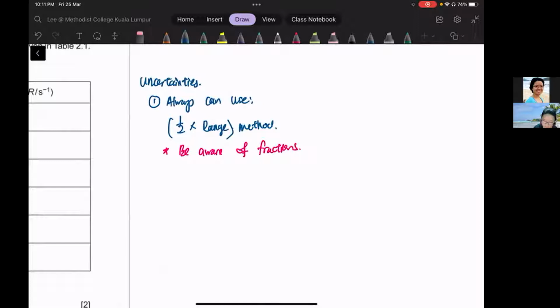Okay, what I mean is, for example, let's say I want to find the uncertainty of A over B. A over B is a certain ratio.